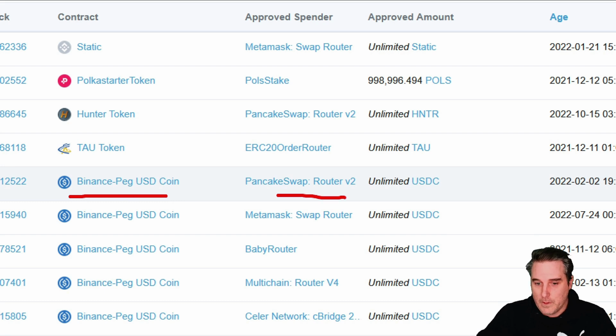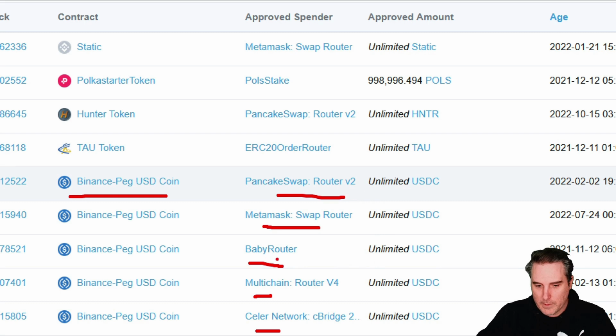You could say this is the service, and in this case it resolves to PancakeSwap, which we should all have heard of. And then the swap router for MetaMask, I've heard of that one as well. These two I have not personally, they're not that familiar to me. I don't know what the Celer network bridge is here.